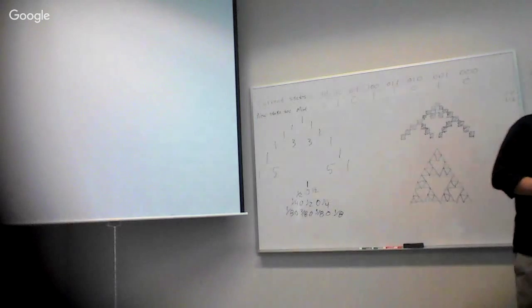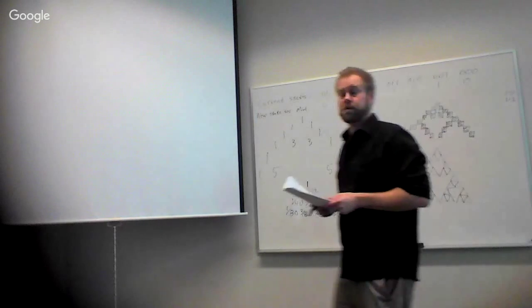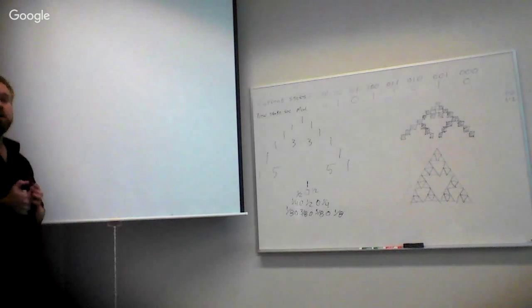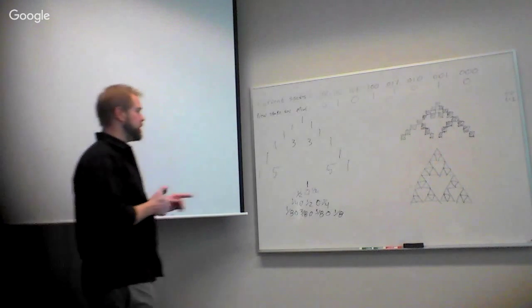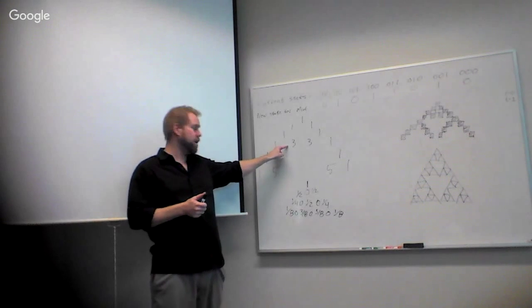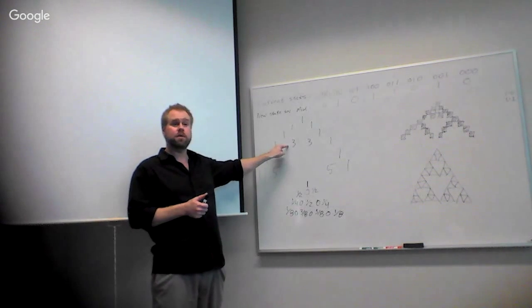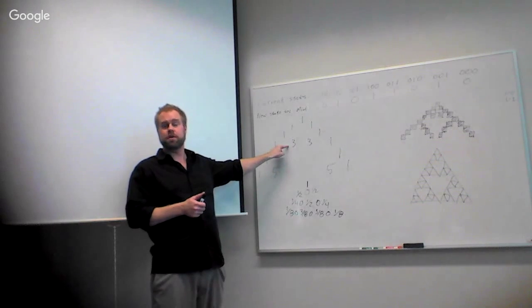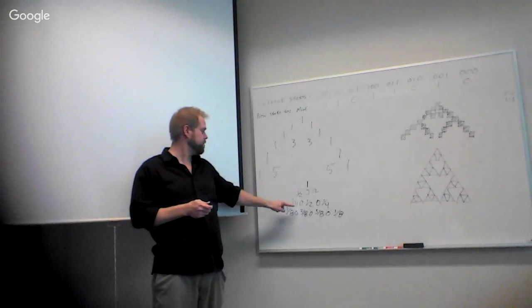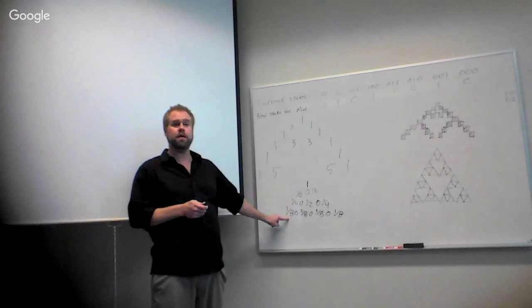Well, notice that this is just Pascal's triangle divided by two to the row number. Divide by 1, divide by 2, divide by 4, divide by 8.